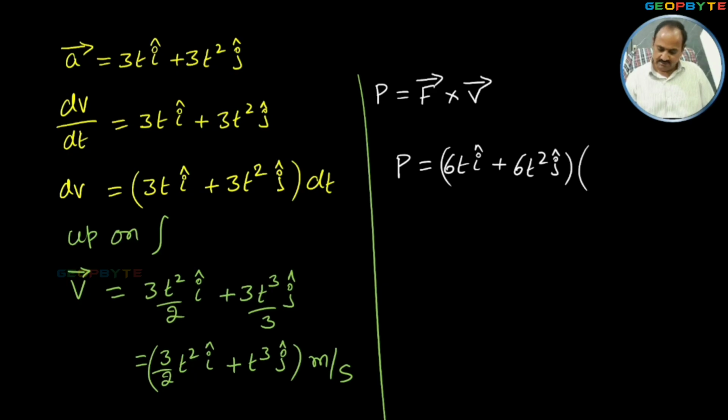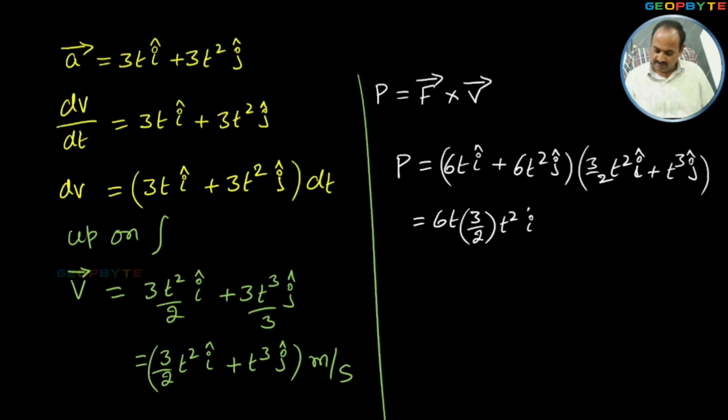The velocity is 3 by 2 t square i cap plus t cube j cap. Multiply i cap with i cap, j cap with j cap. Here 60 multiplied by 3 by 2 t square, i cap, plus 60 t square into t cube j cap.